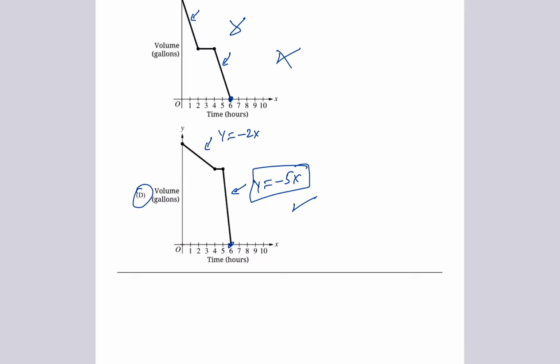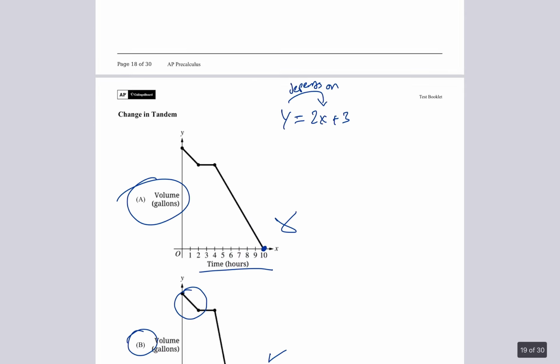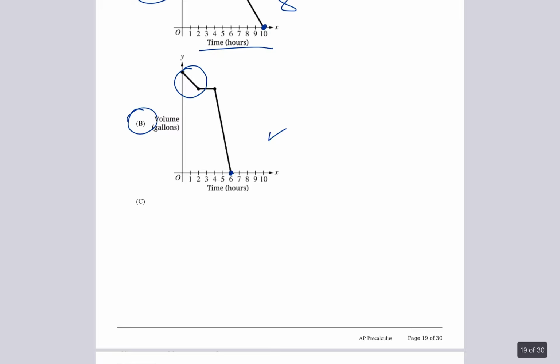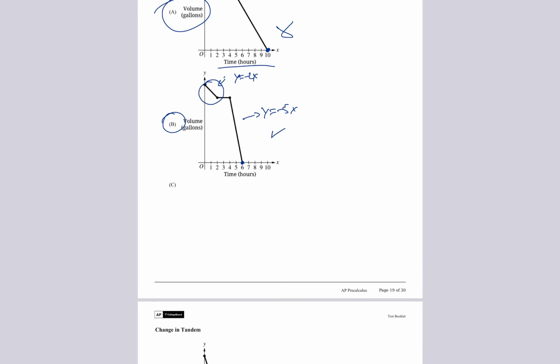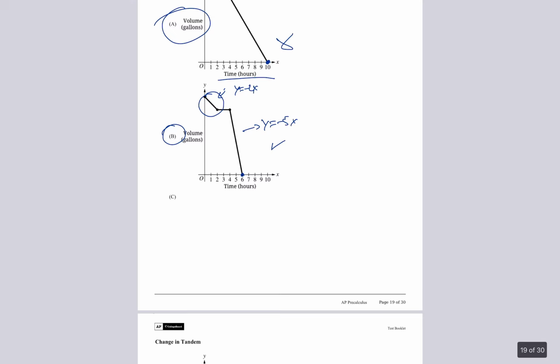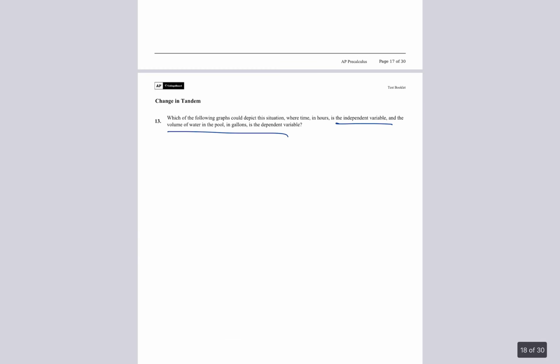And that is correct, but don't forget the second part. Wait, let me see option B. Well, that is the exact same thing with B, slower. So let's say y equals negative 2x, and this is y equals negative 5x. That doesn't really help us choose between B and D. But how do we choose between B and D?